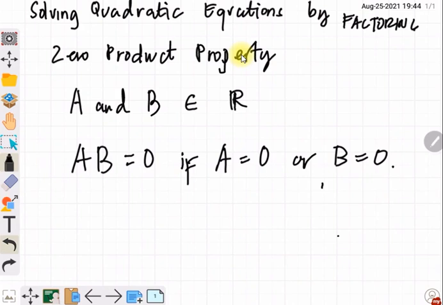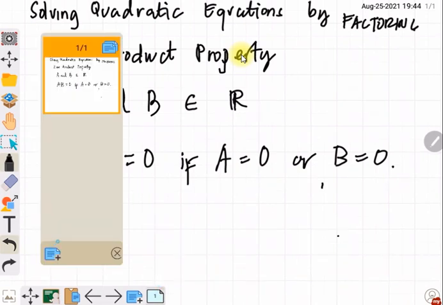So later on, we're going to use this property to actually solve quadratic equations by factoring. So let's start with our first example.